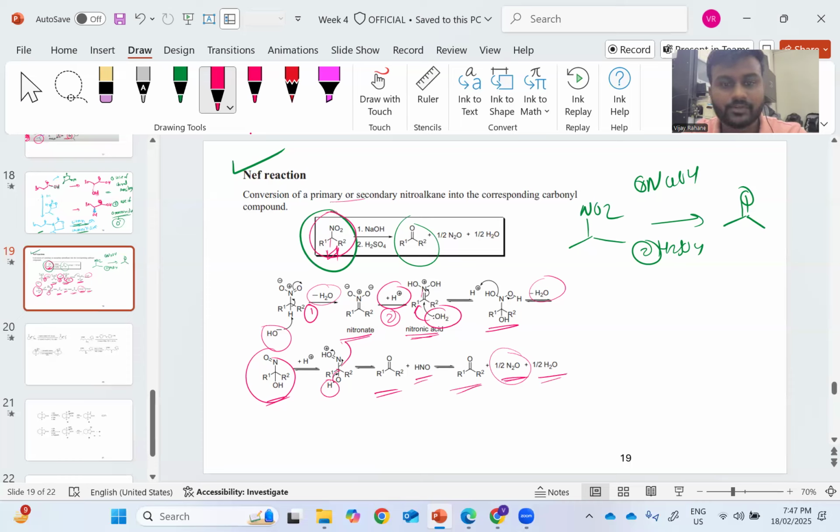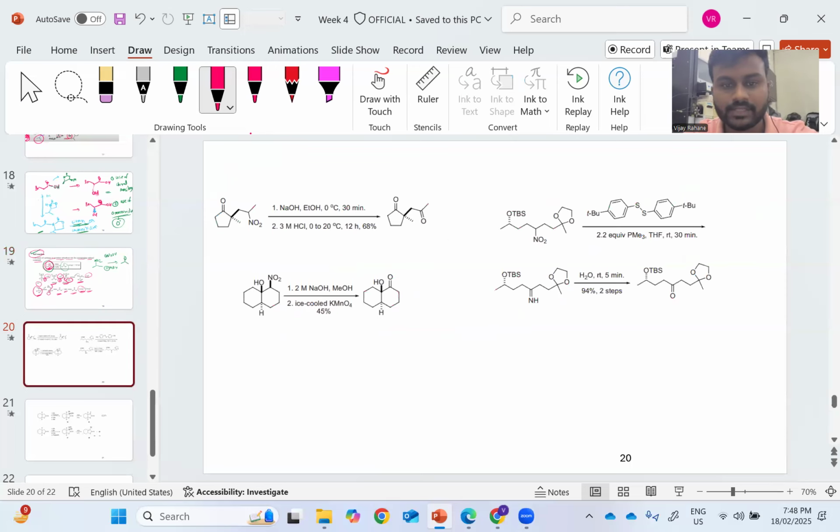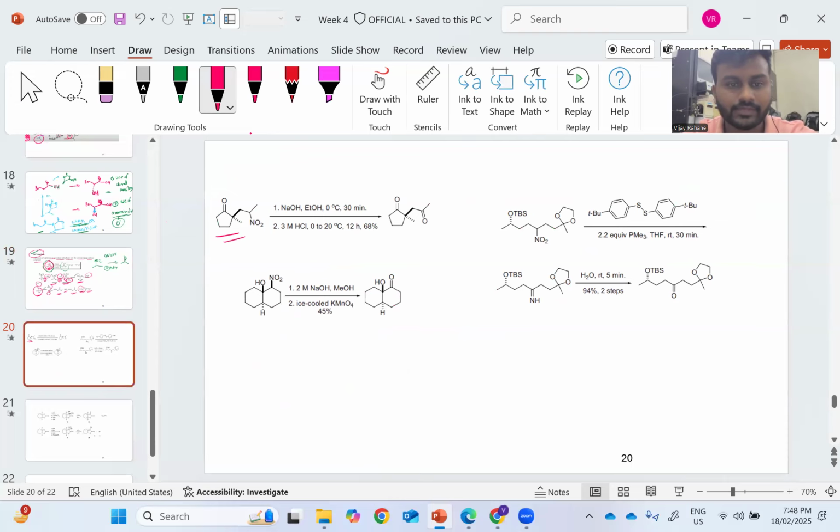So the conversion of primary or secondary nitroalkanes to the corresponding carbonyl compound is the Nef reaction, and the reagent was very simple, NaOH as well as H2SO4. The condition is that we need to have the nitro compound. If you look at the synthetic utility of these kinds of reactions, let's say here we have the nitro starting material, and this is converted with NaOH in ethanol at 0 degrees Celsius.